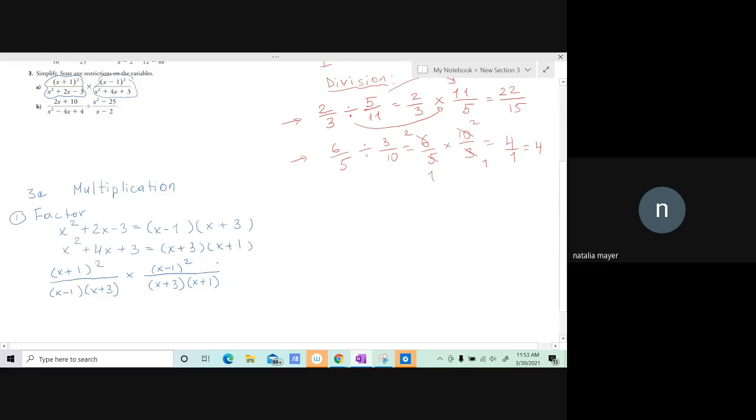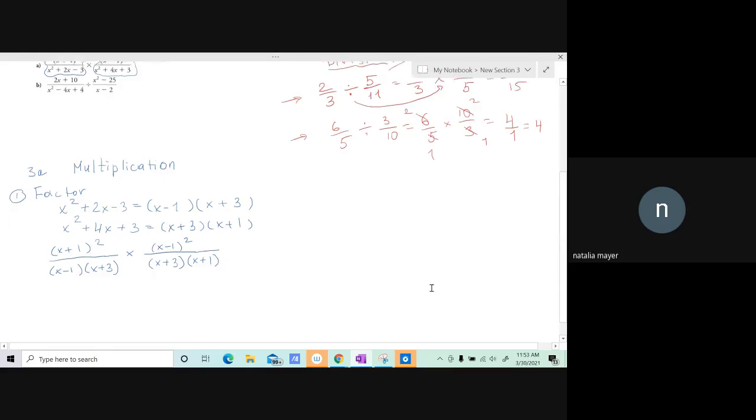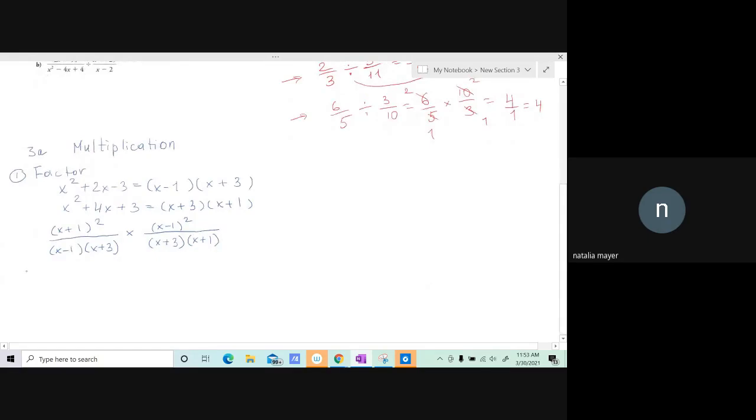Okay, so now my question is, what is the second step? Set restrictions. Absolutely, so set restrictions. Okay, think about it for 1 minute.